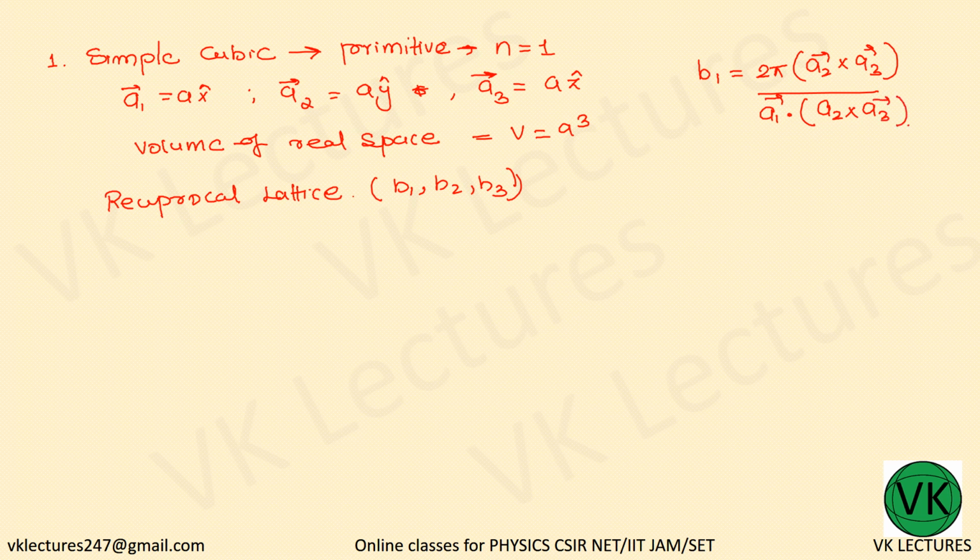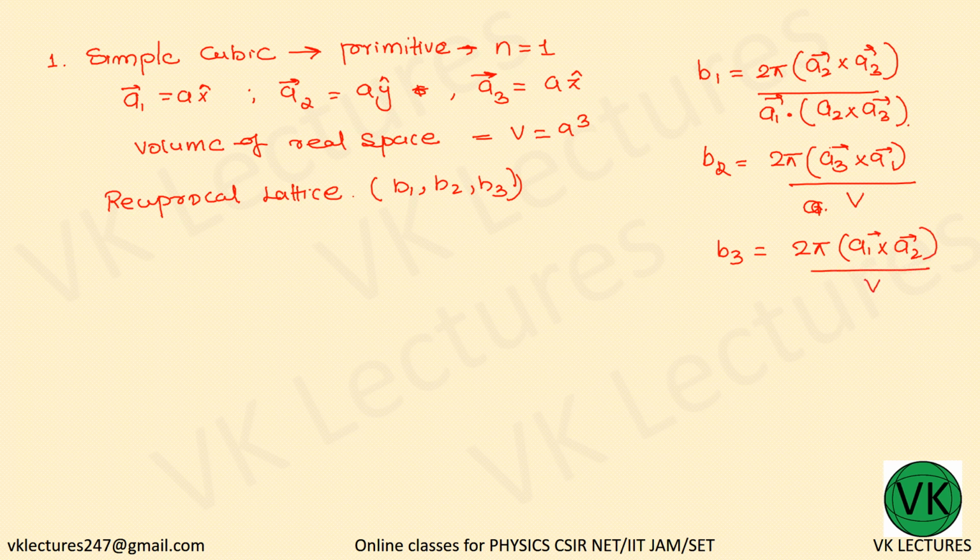Similarly, b2 is equal to 2 pi times a3 cross a1 divided by a1 dot a2 cross a3, which is nothing but the volume, and b3 equal to 2 pi times a1 cross a2 by the volume.